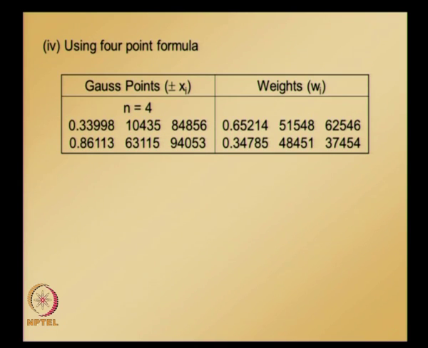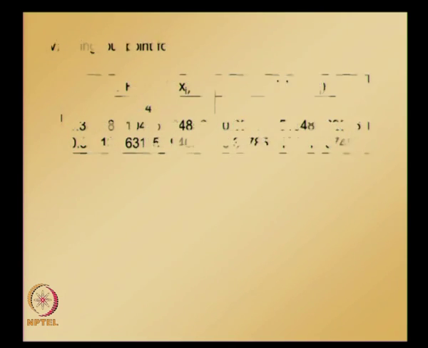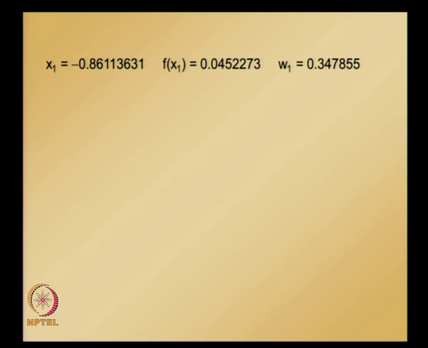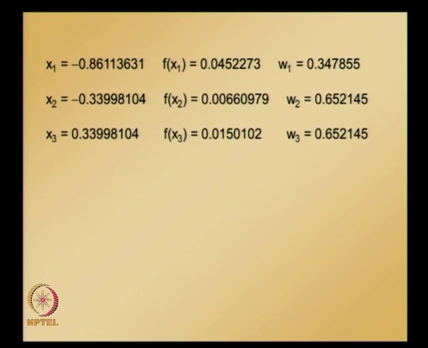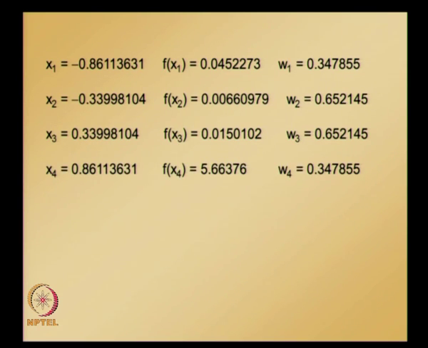So, for n is equal to 4, the coordinates and the corresponding weights are given here. So, we need to evaluate the function at the 4 points, multiply with corresponding weights and sum it up. Value of function and weight at the first integration point, value of function and weight at the second integration point, value of function and weight at the third integration point, and similarly at the fourth integration point.